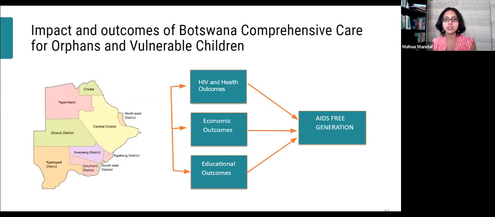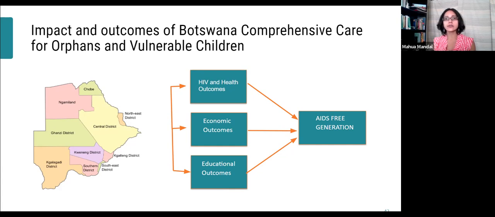So going back to the Botswana evaluation, when we developed the theory of change, we started with the desired impact, which again, writ large, was an AIDS-free generation. So that was easy, everyone agreed to that. And then we noted the categories of outcomes that would lead to the desired impact. And again, this was the most straightforward part because the evaluation questions were focused specifically on improving outcomes within HIV and health, economic strengthening, and education.